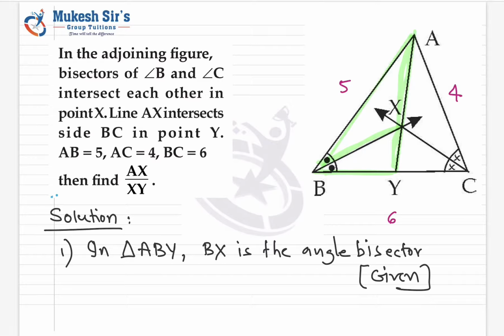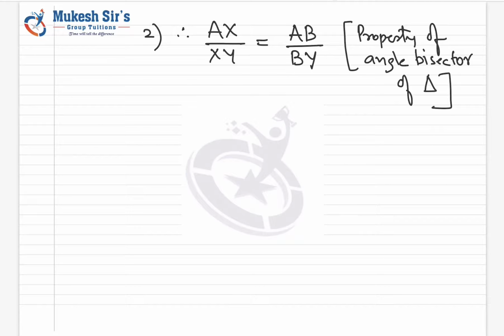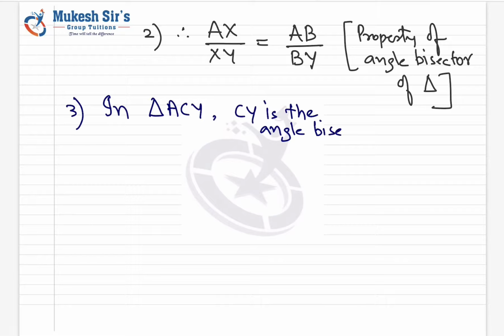Now we use the property in the other triangle, that's triangle ACY. Let's consider this triangle now. You can see in this triangle, CX is the bisector. So now you write step number 3. In triangle ACY, CY is the angle bisector. Right?